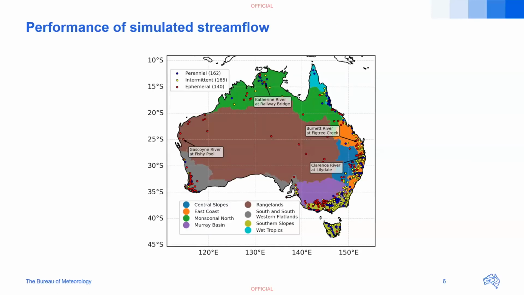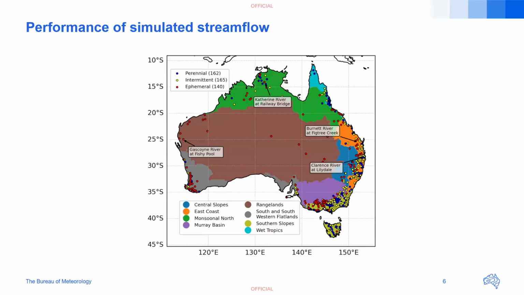And this is where I tested the outputs. So I took more than 460 catchments. All those dot points are showing the catchments.